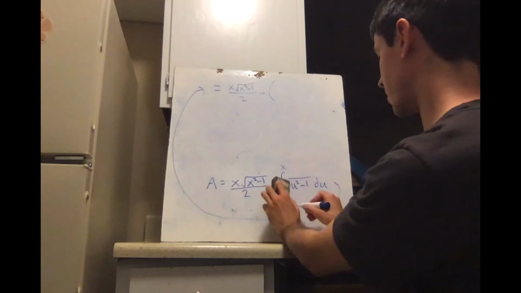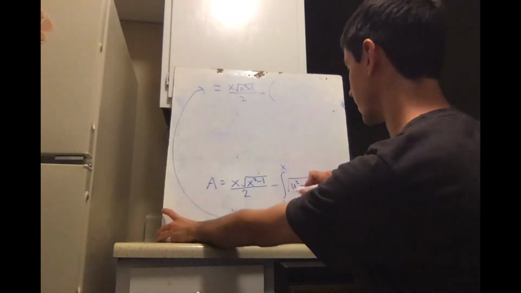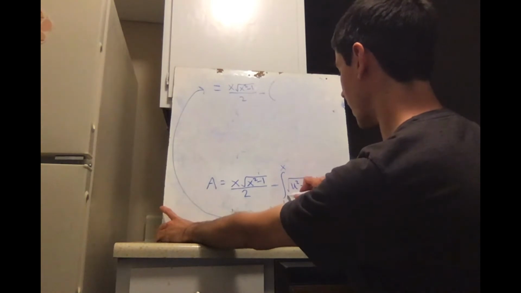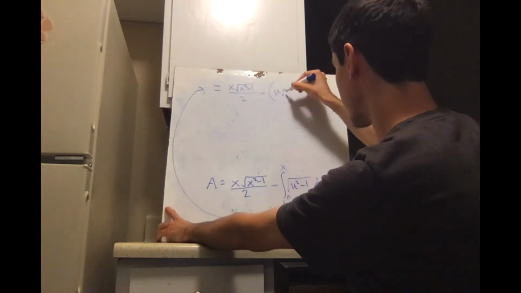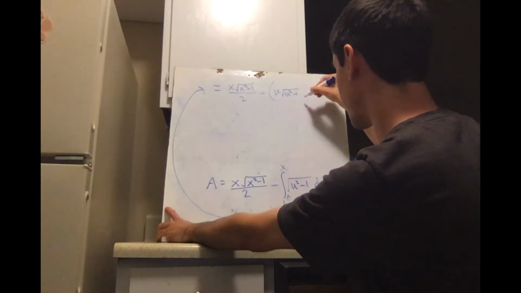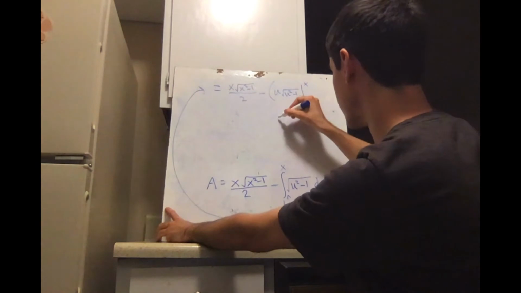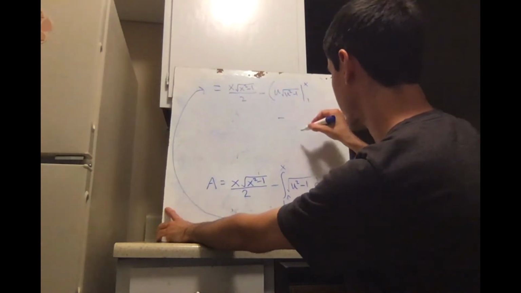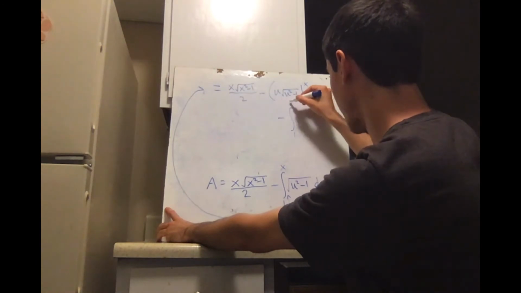We're going to make a u appear right here, so that's going to become u times the square root of u squared minus 1, evaluated between 1 and x, and then subtract the integral from 1 to x.